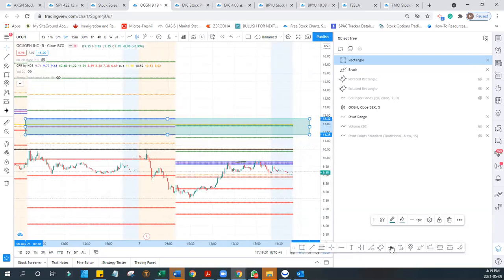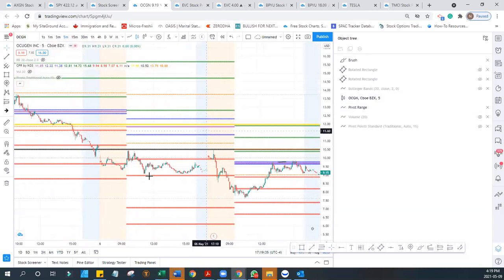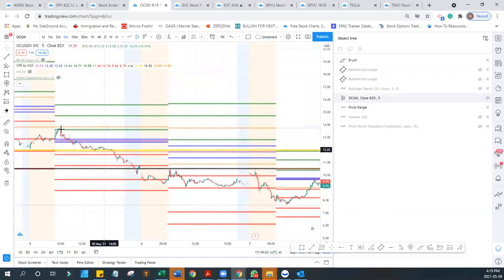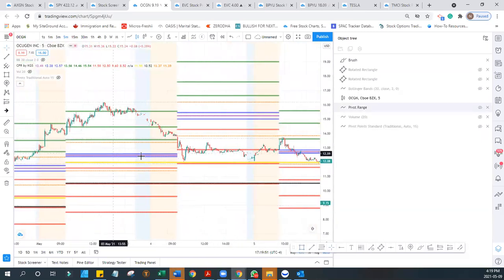And the wider the CPR, the more the market moves sideways. The smaller the CPR, the more the price trends. This one is a little wider and the price went sideways; this one is normal, but price was trending much more.